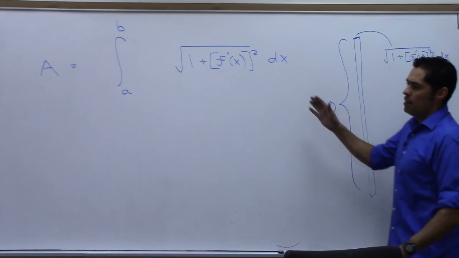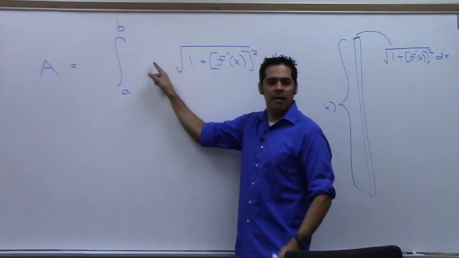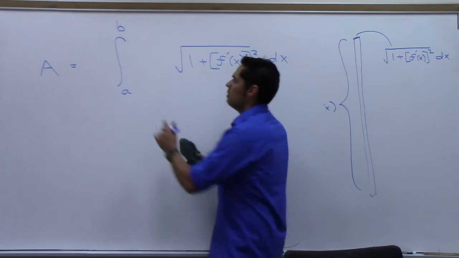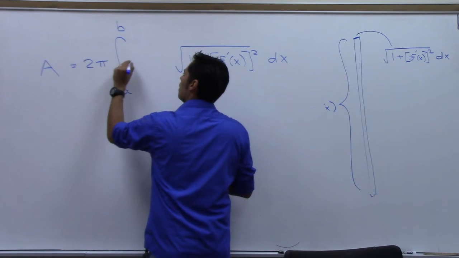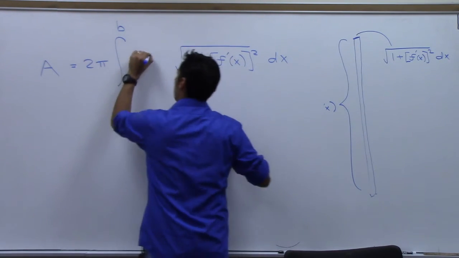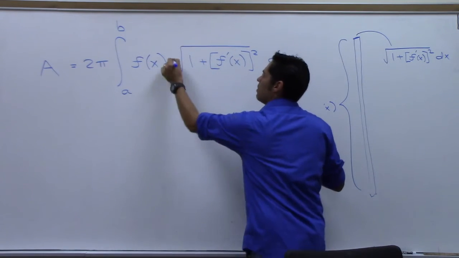So we need to multiply this times 2 pi times f of x, right? 2 pi is a constant. So 2 pi, f, not prime, f of x times, there it is.